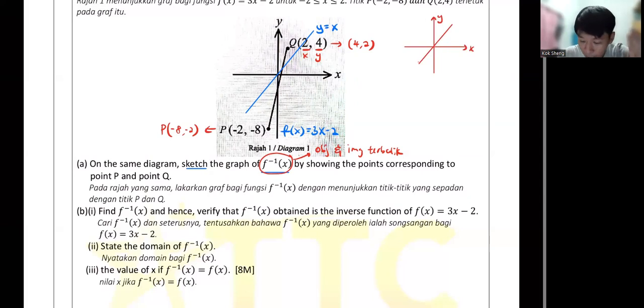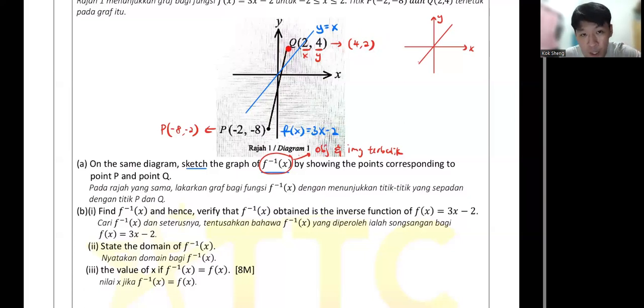And then the next thing, for this straight line, just do a reflection using the line. Now this point (4, 2), Q, is here.